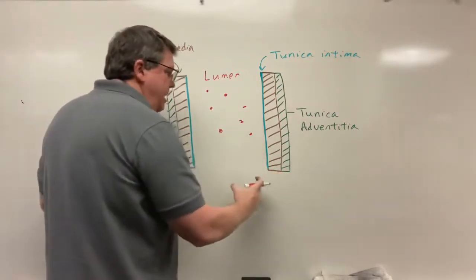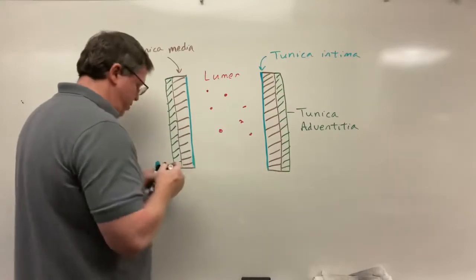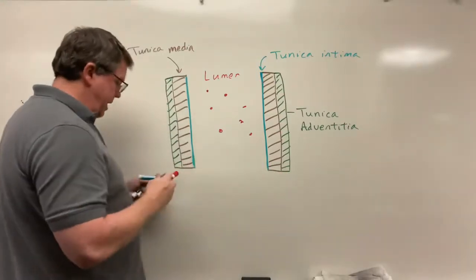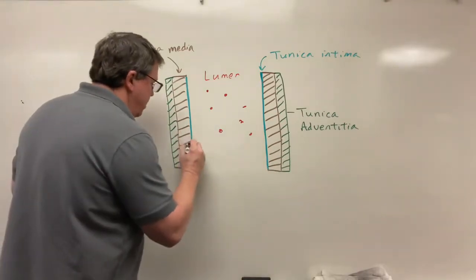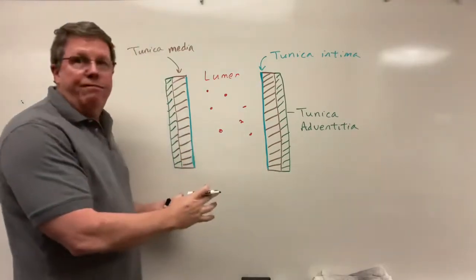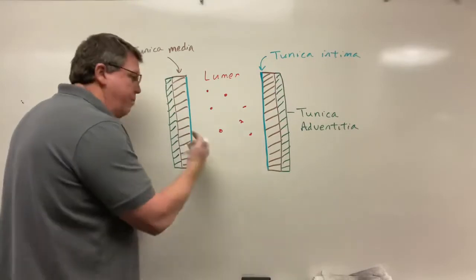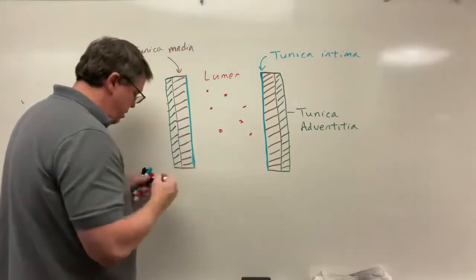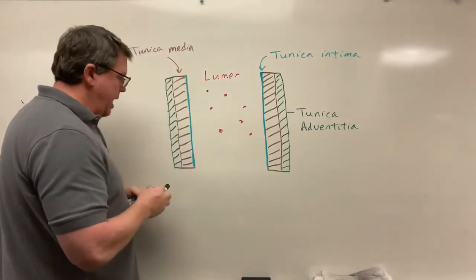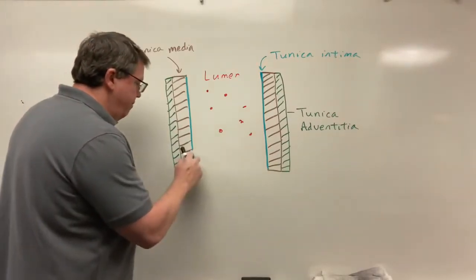Now imagine my left ventricle is pumping blood into here, and I happen to get some weakness on my tunica intima. The blood keeps pumping and pumping, and over years, eventually the tunica intima starts to weaken and we get a tear.